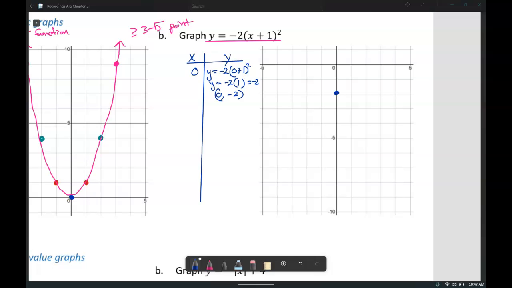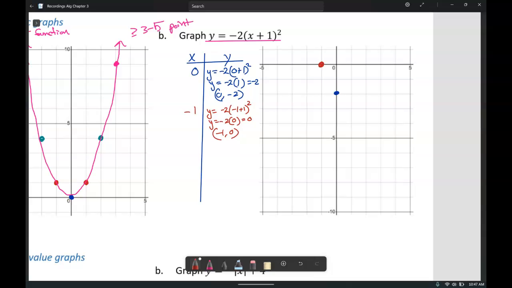Now let's look at x values to the left and to the right. We'll start with -1. y equals -2 times (-1 plus 1) squared. -1 plus 1 is 0. Squared is 0. So we get y equals 0 for our ordered pair (-1, 0).